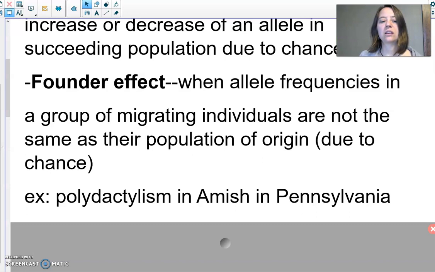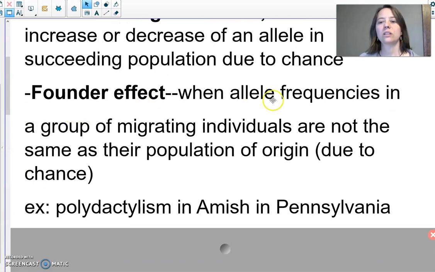If there were Amish populations in Europe, they would have a normal frequency of polydactylism like everybody else. It just happened that one of the guys came over and it was a small population, so that gene became more common than in the regular population.